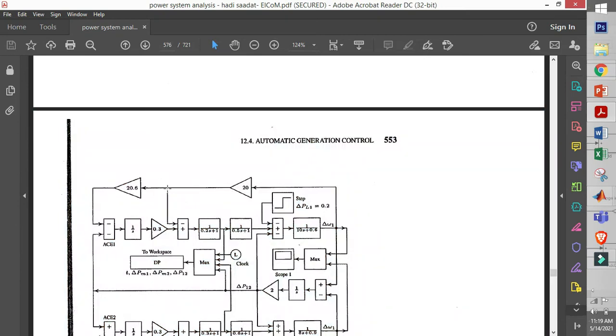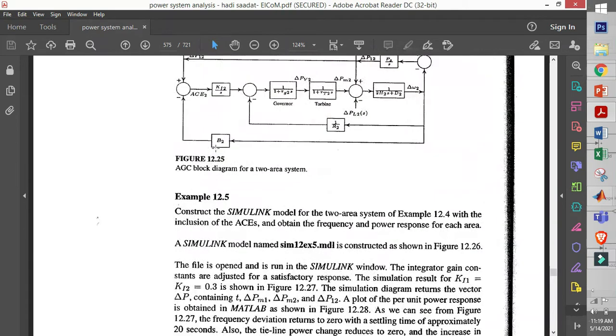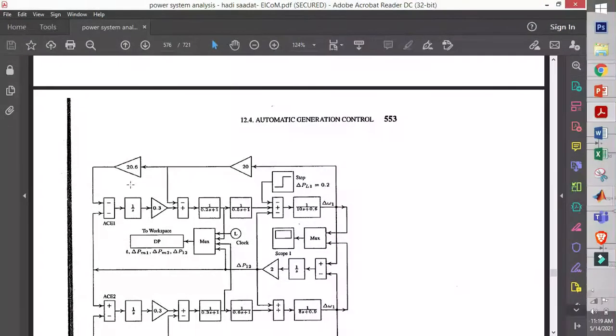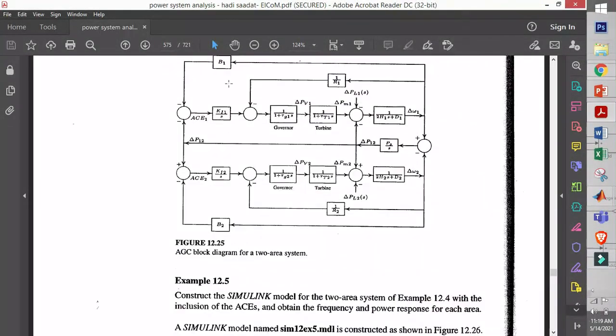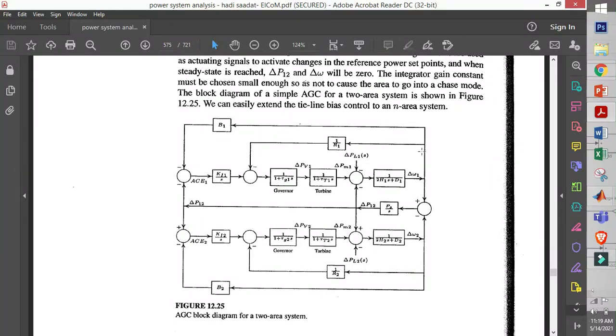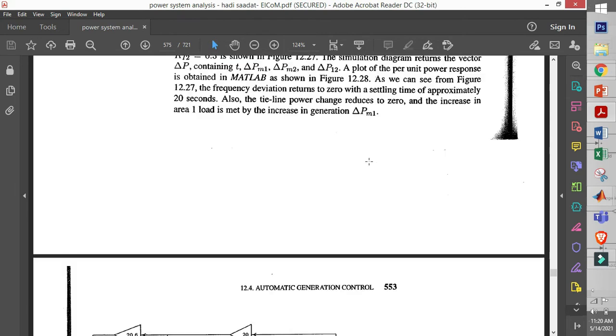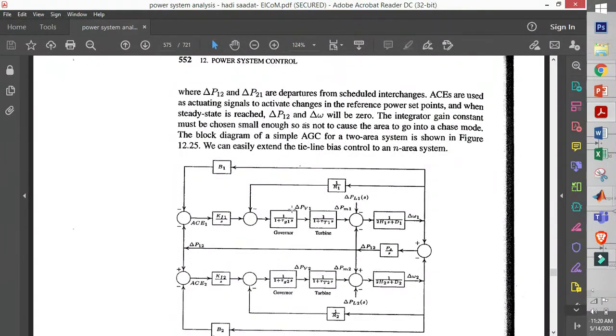This B1 should be directly connected to this point here. But in their model they connected this B1 at this point. So I have drawn my model according to this, and that only is correct.